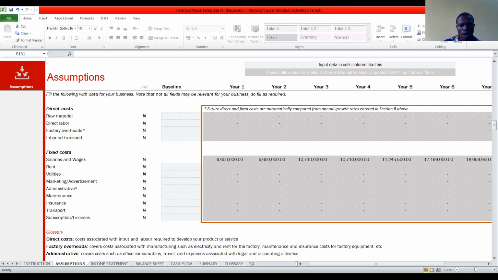Okay, for monthly variable cost, 1,923,900 per month. Let's see what is required of us here. We have raw material, direct labor and inbound transport. So all we need to do is to come here, pick raw material.